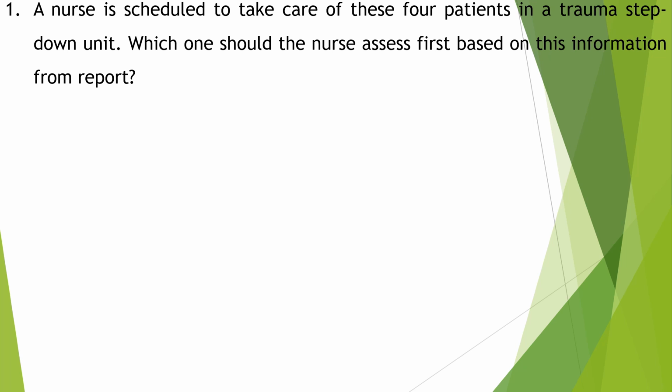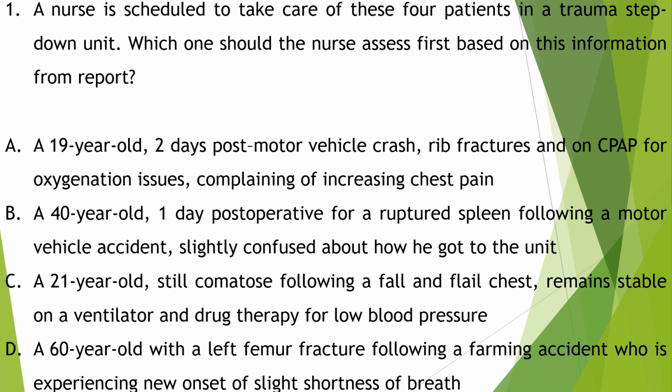A nurse is scheduled to take care of 3 patients in a trauma step-down unit. Which one should the nurse assess first based on this information from report? A 19-year-old, 2 days post motor vehicle crash, rib fractures and on CPAP for oxygenation issues, complaining of increasing chest pain.